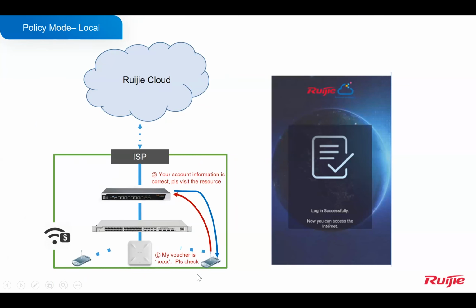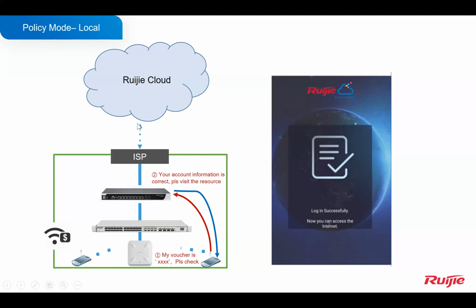And then the phone or the TV or the PC can provide the vendor information or the username and password information to our MBR device. And our MBR device will check the account information, to make sure the account is correct or not correct. So this is the local.